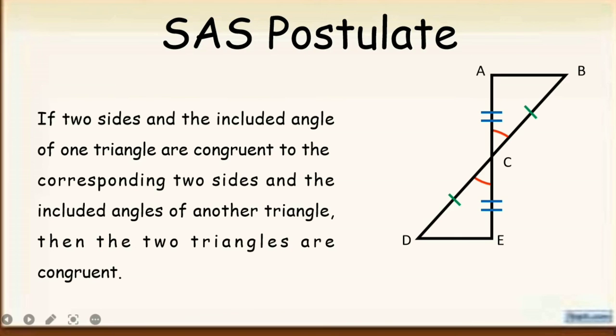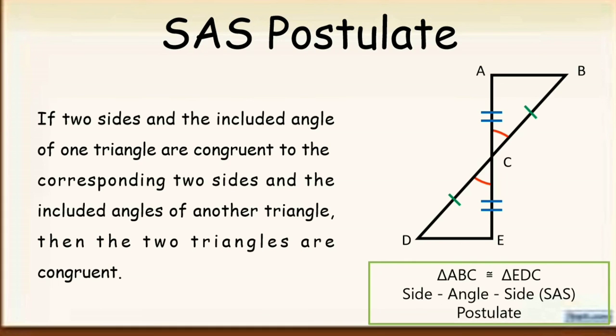Now we have here line AC and line BC congruent to line EC and line DC, and an included angle ACB is congruent to angle ECD. Therefore, these two triangles are congruent. Triangle ABC is congruent to triangle EDC by side angle side postulate.